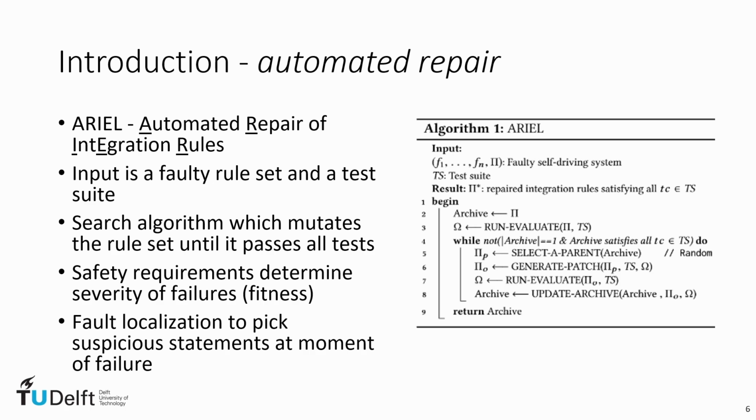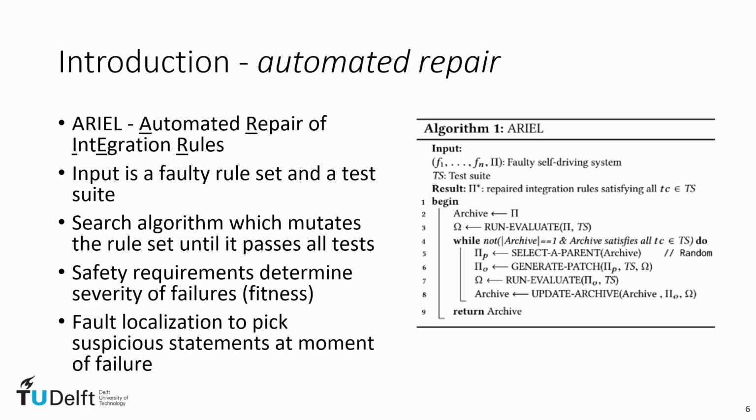Then there are safety requirements that determine the severity of the failures, which is basically the fitness of each mutant, so each mutant rule set. And fault localization is used to pick suspicious statements or rules at the moment of failure when executing the mutant rule set on the test suite.